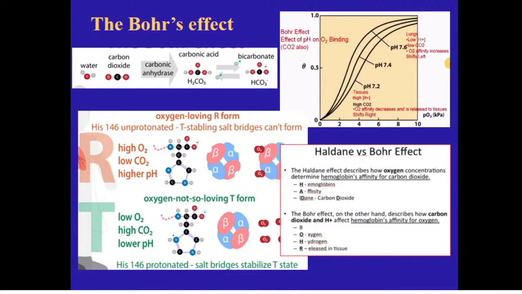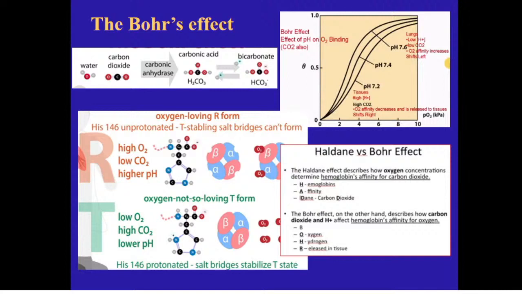But it is also shown that carbon dioxide also influences this process. Why? Because carbon dioxide can shift the pH when it comes to the erythrocytes. Carbon dioxide changes to carbonic acid, which dissociates to hydrogen and bicarbonate ion.